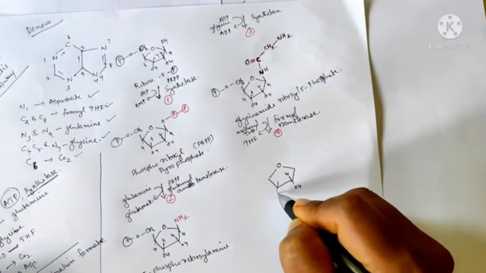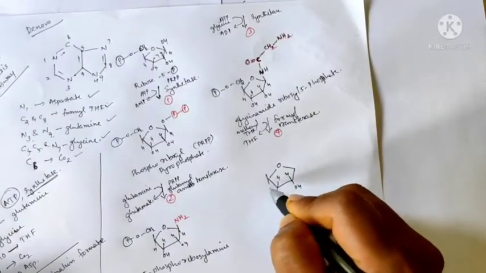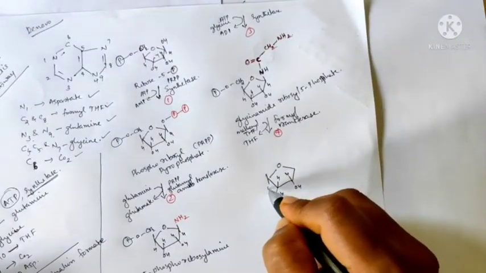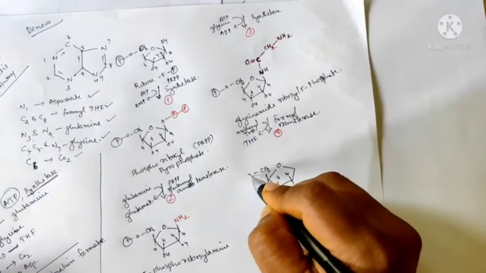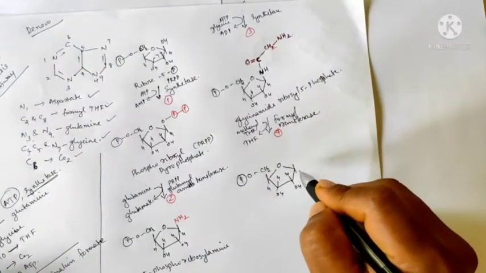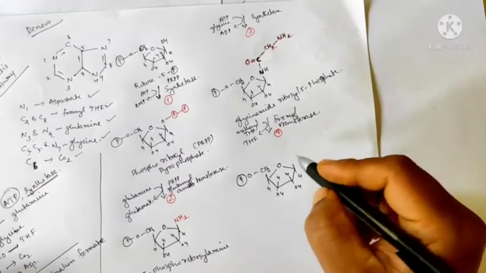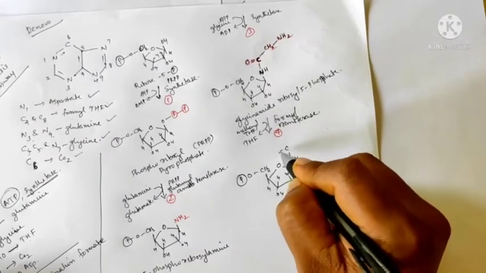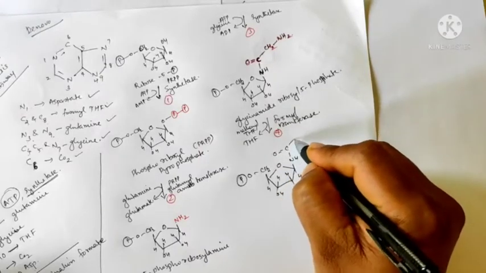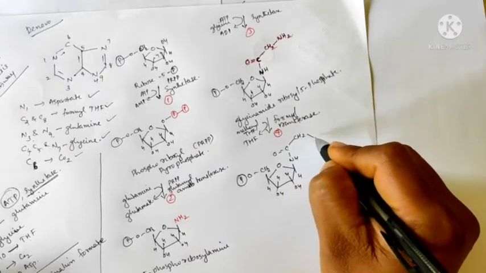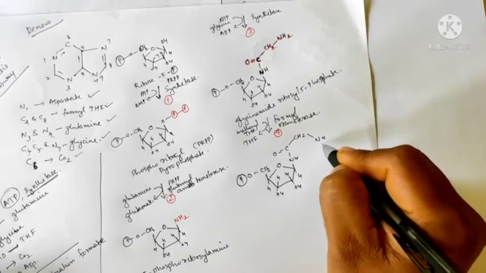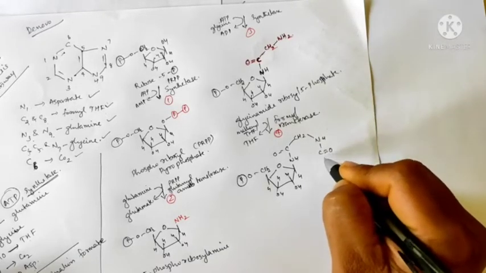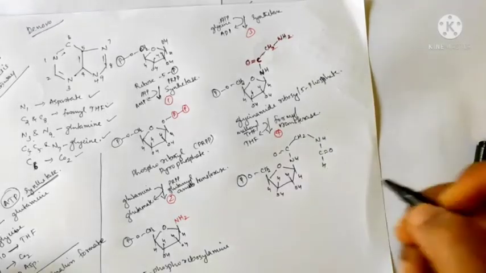Again ribose sugar, H, NH, CO, CH2, NH, COH. This is the change.